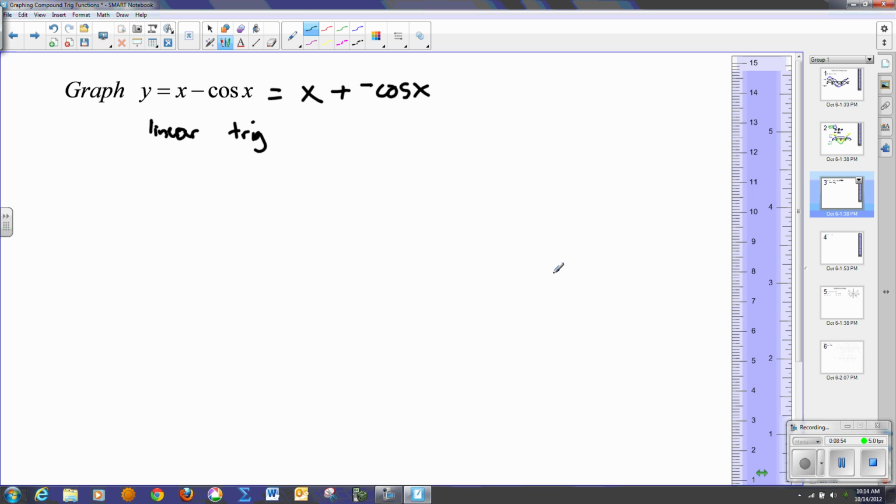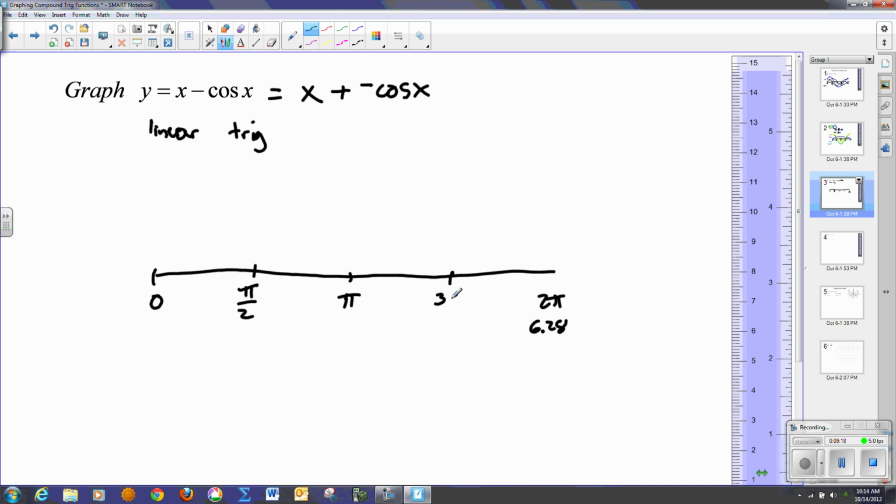It's kind of a personal preference type of thing. So we're going to graph anything that has a linear and a trig function. We're always going to put in terms of pi's, because if I'm in terms of pi's, this is 6.28. And it just scales better if we graph in terms of radians when we have a linear and a trigonometric.